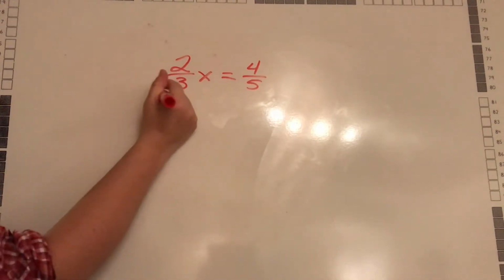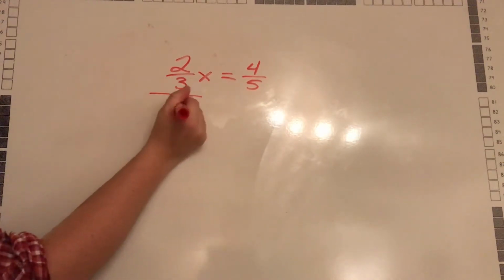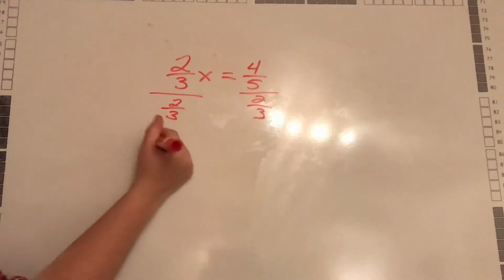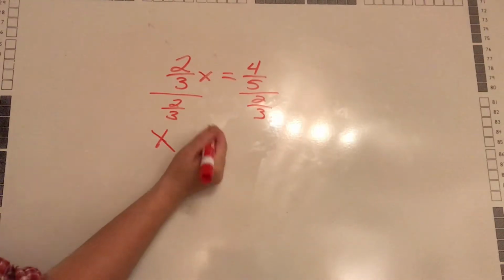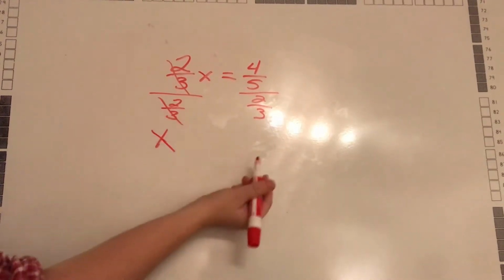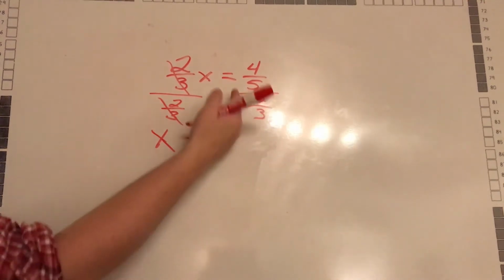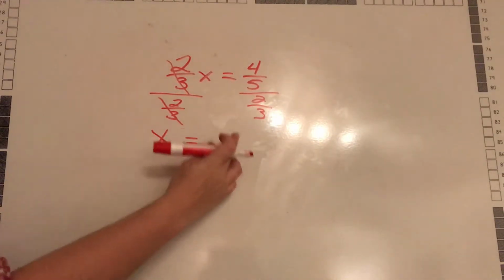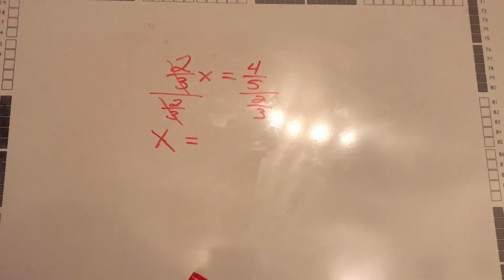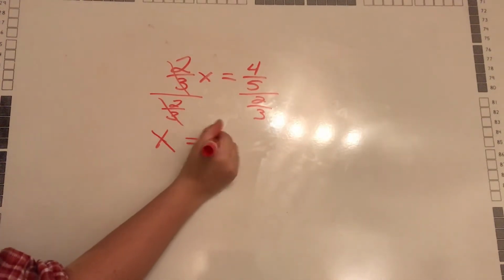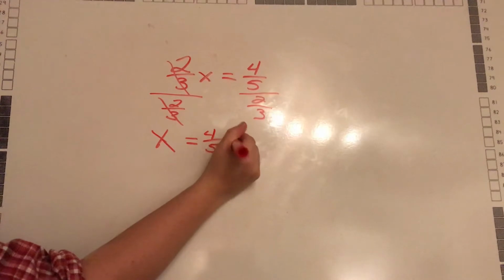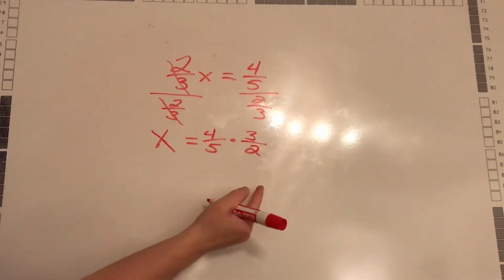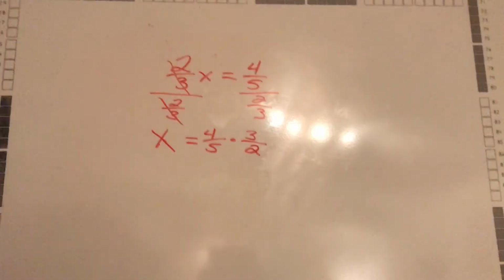So we're going to divide each side by 2/3. This will cancel out, and we know by our rule of dividing fractions that we can just multiply by the reciprocal. So instead of dividing by 2/3, we're going to multiply it by 3/2. Remember our reciprocal. We flip it around.